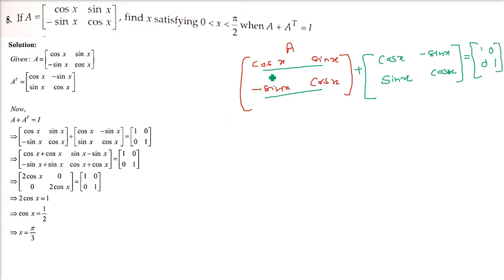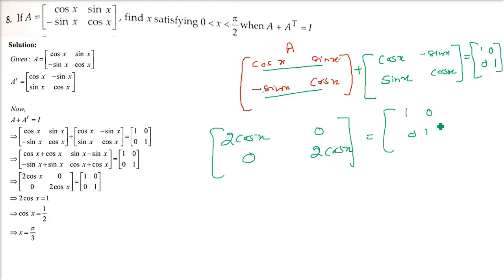Now just add this. Cos x and cos x is 2 cos x. Sin x minus sin x is 0. Minus sin x and sin x is 0. And cos x is 2 cos x. And this is equal to 1, 0, 0, 1. So basically 2 cos x is equal to 1. If you equate both of these, cos x is half.